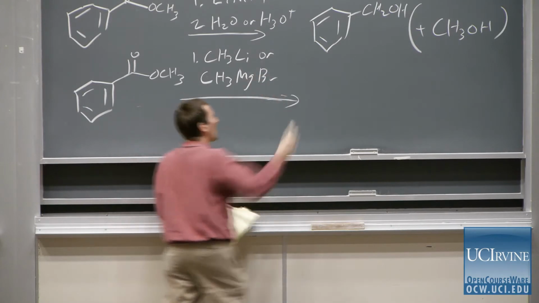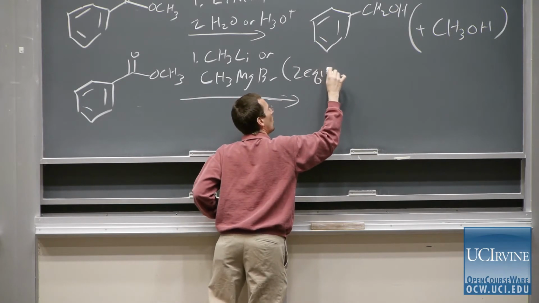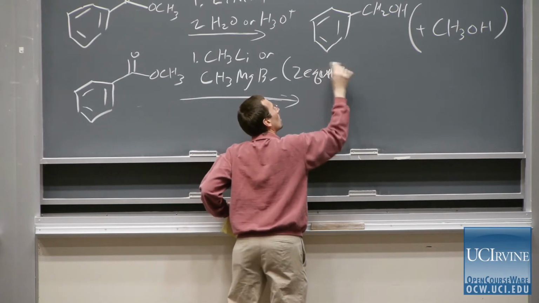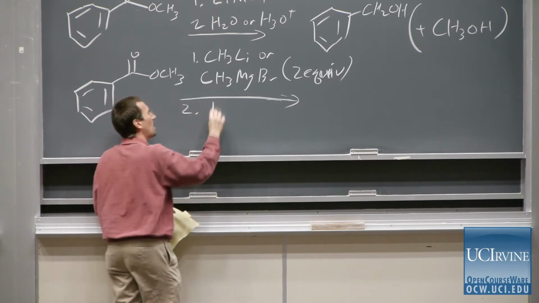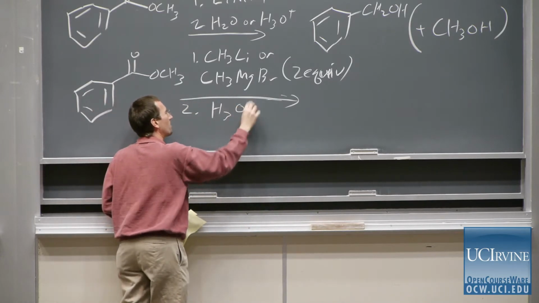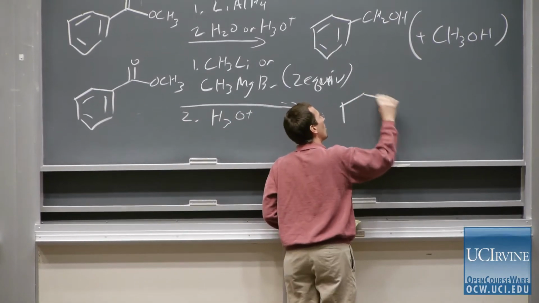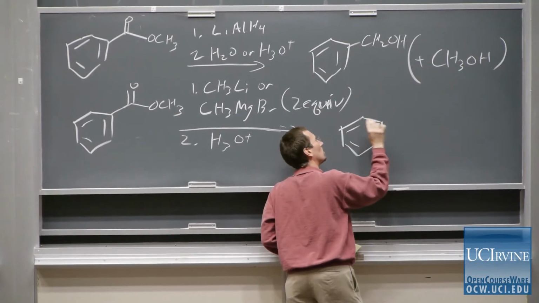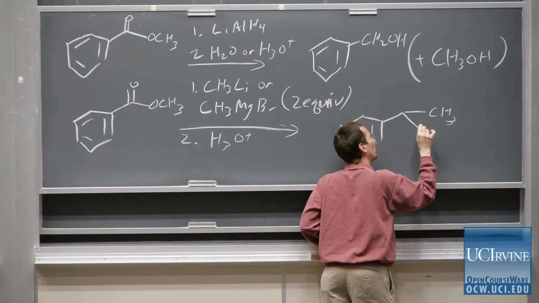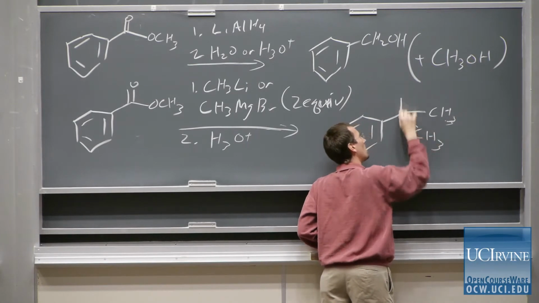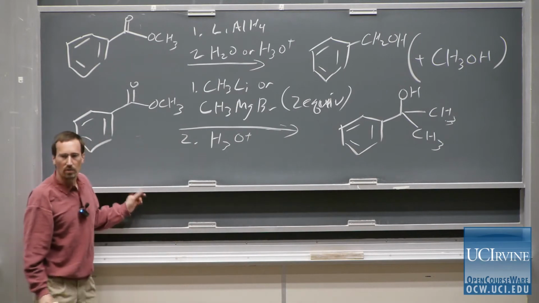And I'll specify that we're talking about 2 equivalents here, although we really can't get away from problems with the reaction not stopping. And then again, we do some type of aqueous workup. Now, we've gone down and added 2 equivalents of the methyl group and gotten this tertiary alcohol.